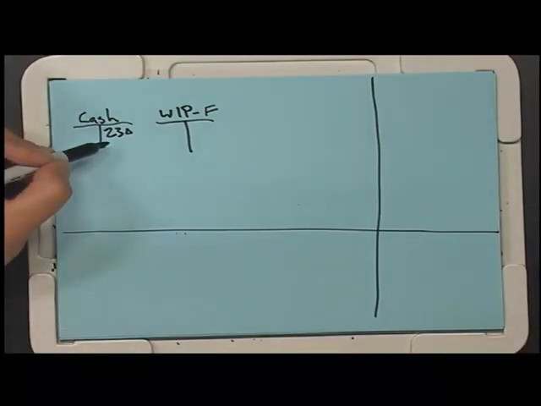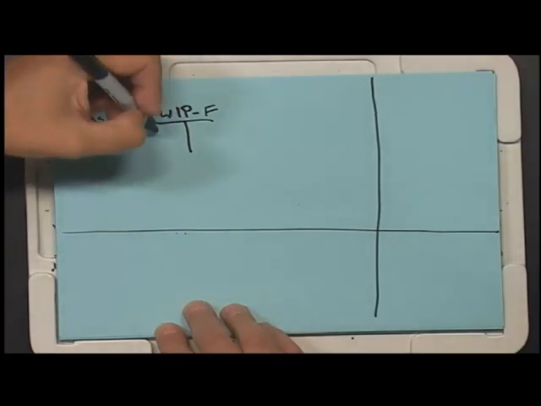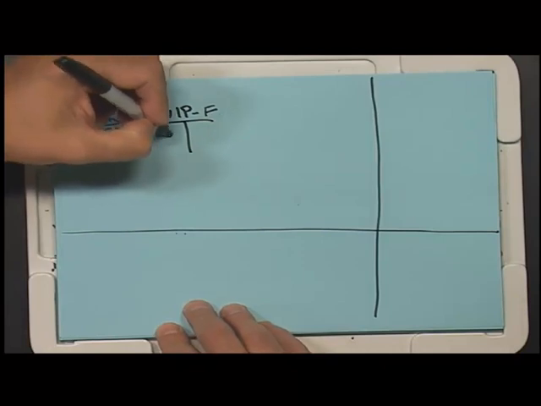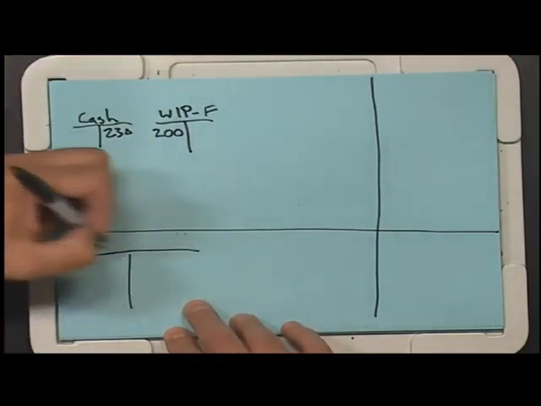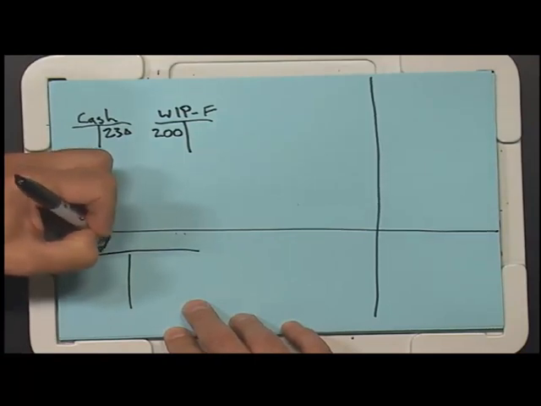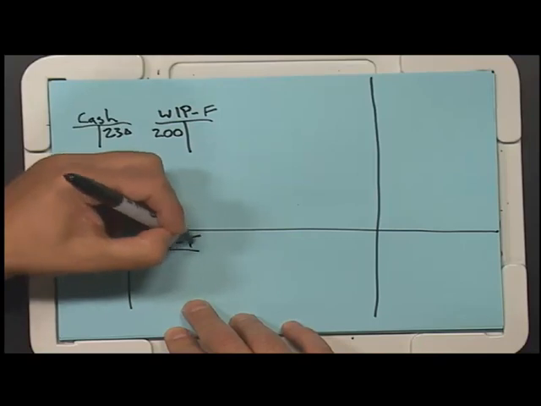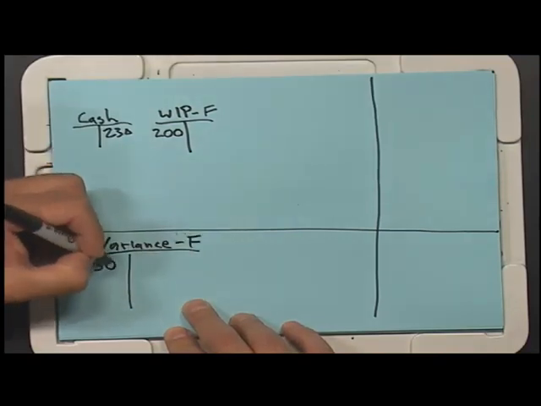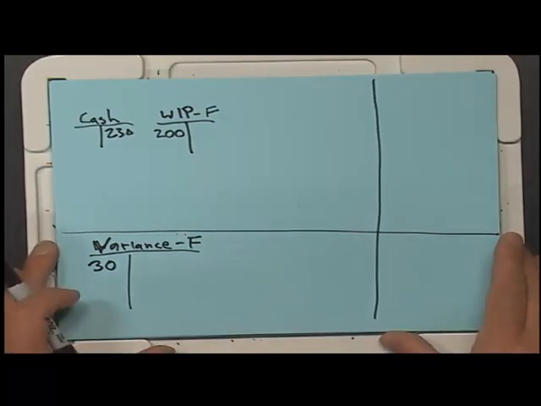We already know that this $230 is $30 more than the performance standard said it should be. So let's only debit $200 to work in process, and we will recognize our variance for the fabricating department right away as an expense. We're not even going to wait for the transfer to the next department.